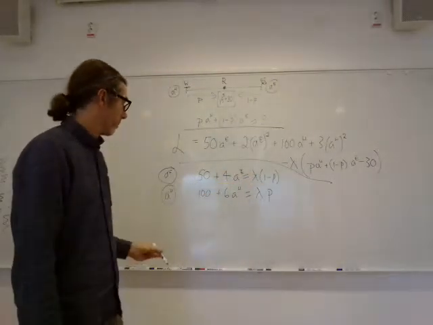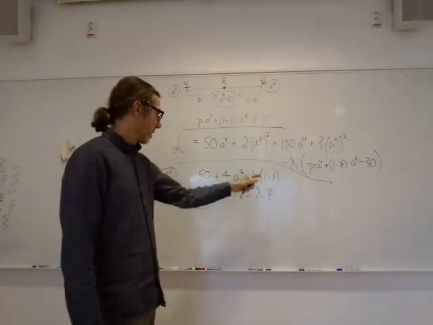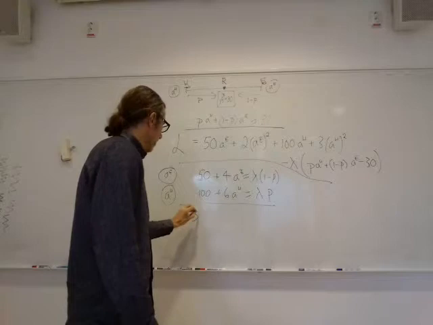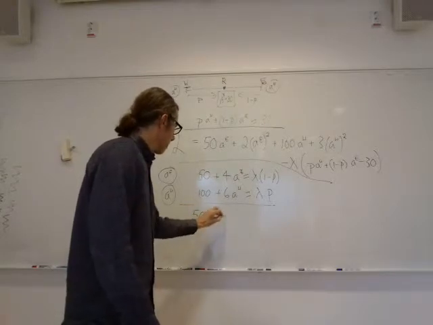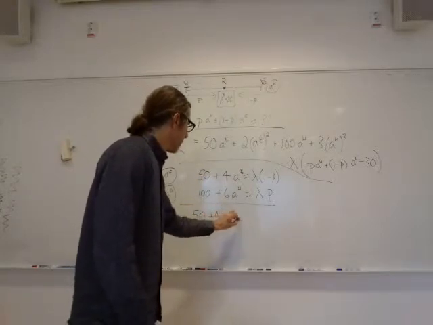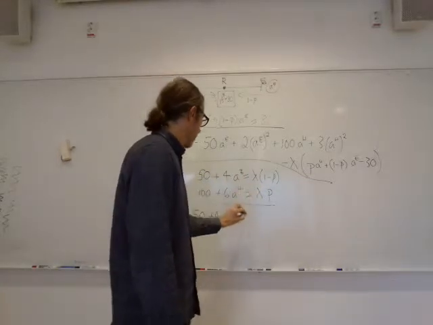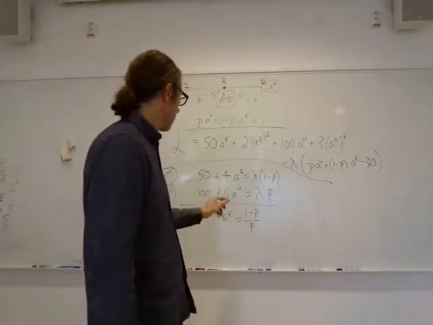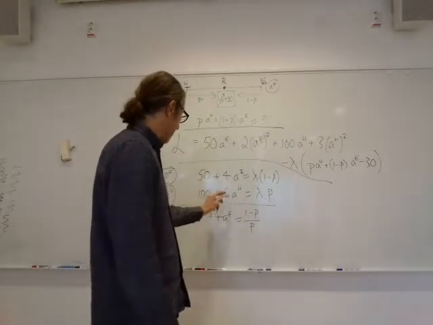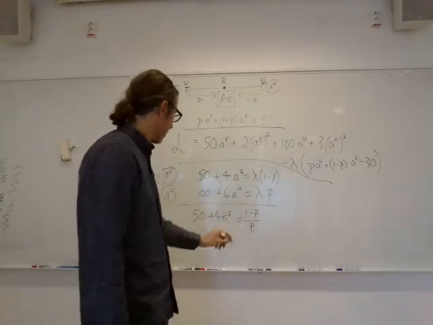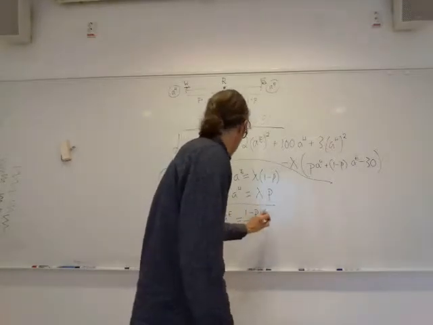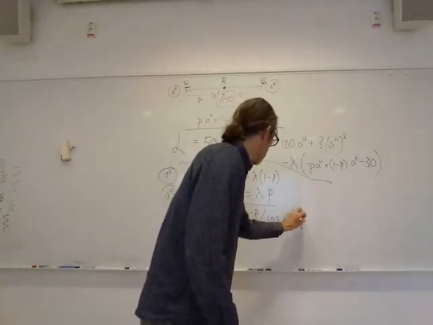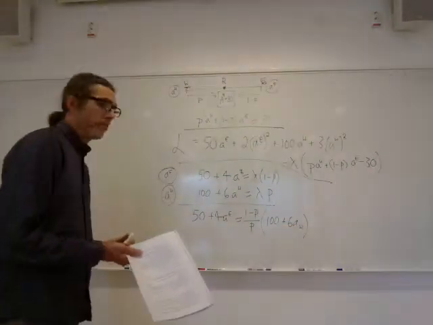Now we can divide one by the other and then bring things around, and we're going to end up with 50 plus 4AE equals, dividing one by the other, 1 minus P over P times 100 plus 6 AW.